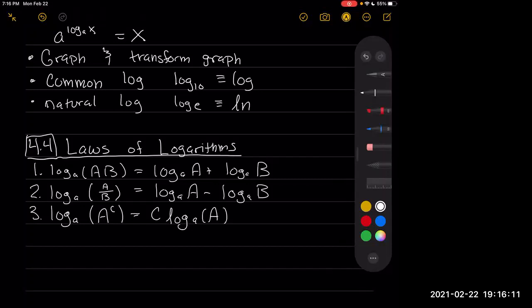And we learned how to expand and combine logarithmic expressions. We also learned the change of base formula.